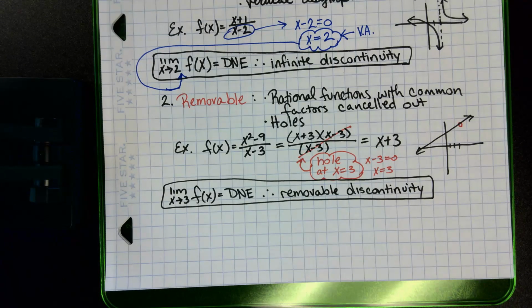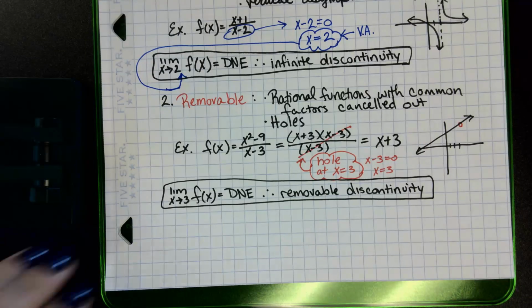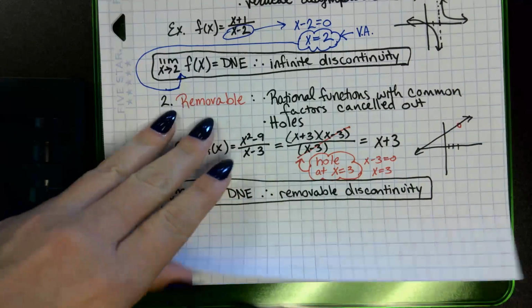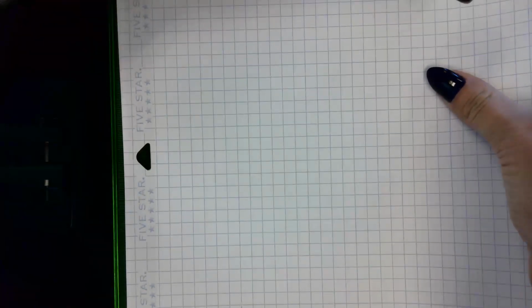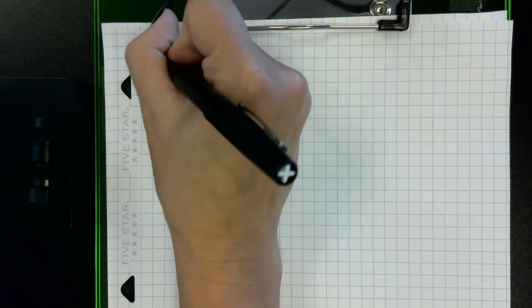Okay. We have one more type, because I said we had 3 types of discontinuities. The third type is a jump discontinuity. So type 3 is a jump.